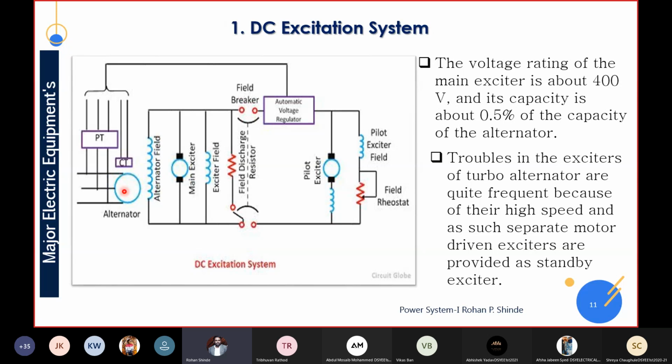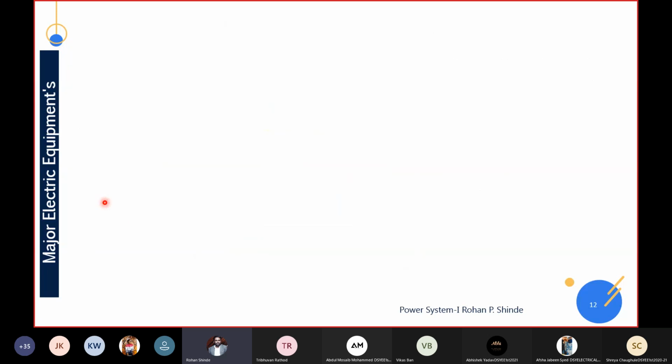So this turbo alternator requires some excitation system, and this excitation system will be given as a standby exciter, which is called a standby excitation system. Okay, so this is about DC excitation system.